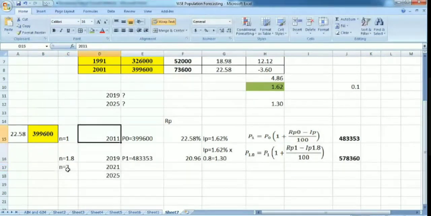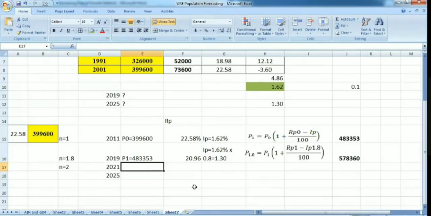Now you have to find out the population for the year 2021. Number of decades between 2000 and 2021: it is 20 years, so the number of decades will be 2. Which population should I consider now? This is P1, and again I'll be calculating for P2.